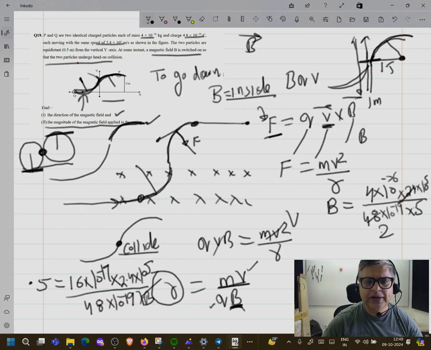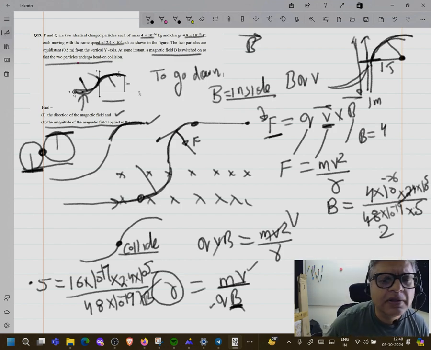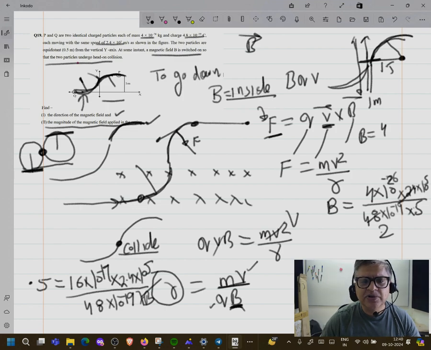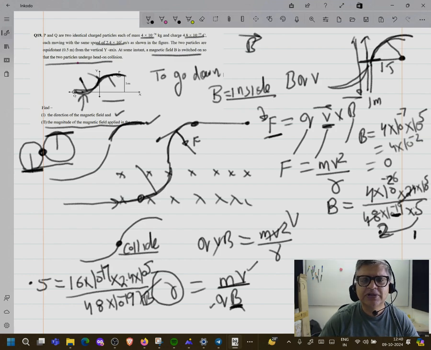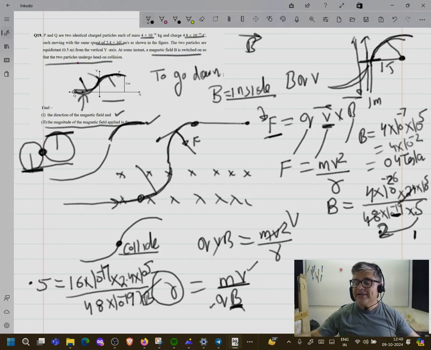So in the numerator this will become 4 into 10 raised to power minus 7 into 10 raised to power 5, because 2 into 0.5 is 1. So this is 4 into 10 raised to power minus 2, so 0.04 Tesla. This is your magnetic field.